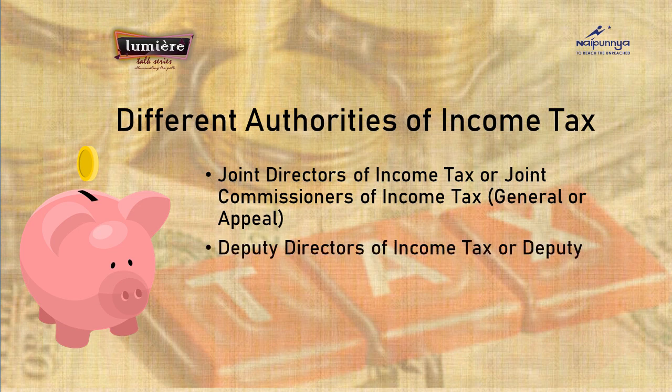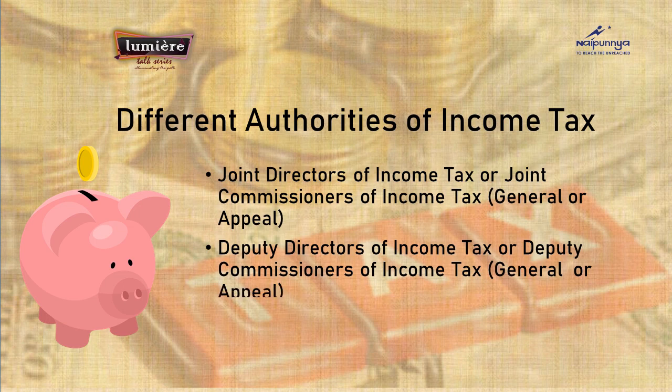Then the next category is Deputy Directors of Income Tax or Deputy Commissioners of Income Tax, and here also you can see general and appeal officers, the appeal officers dealing with appeal related activities.